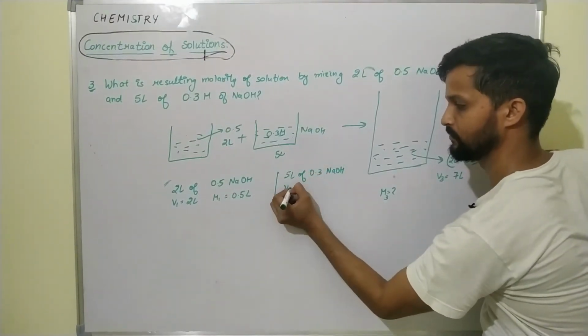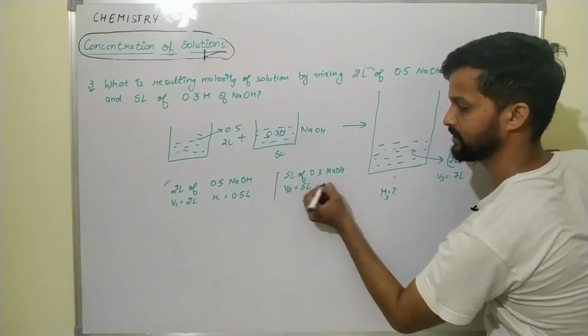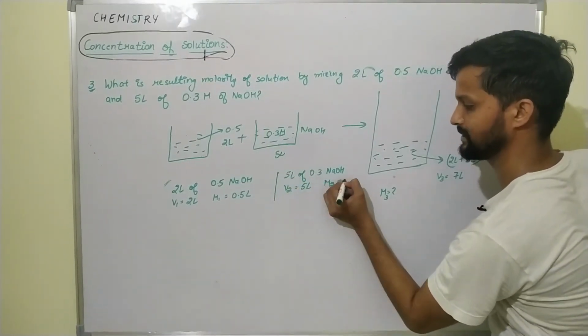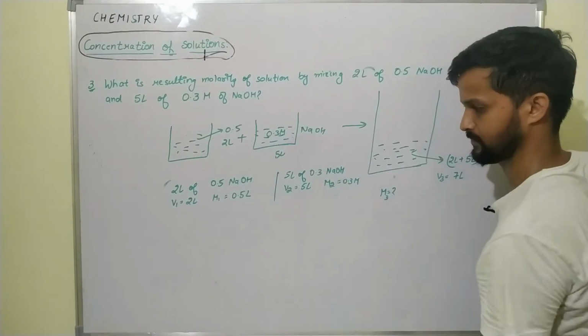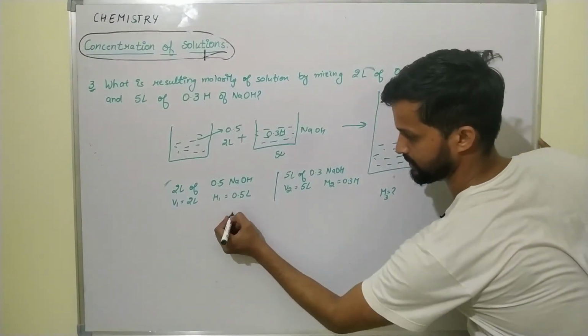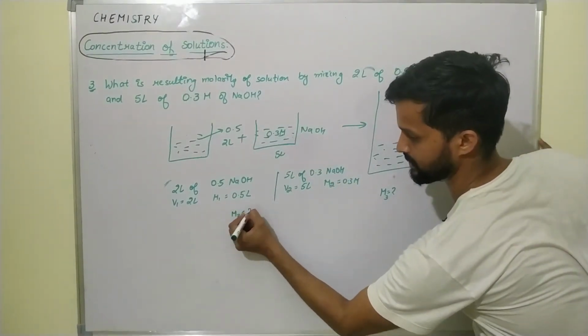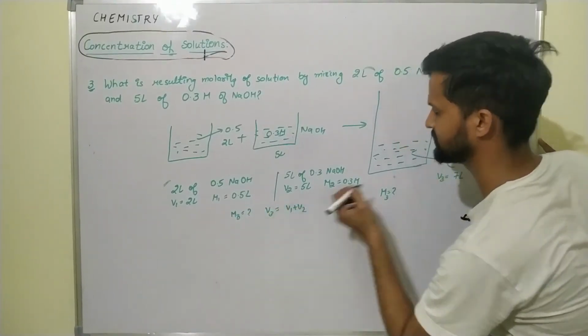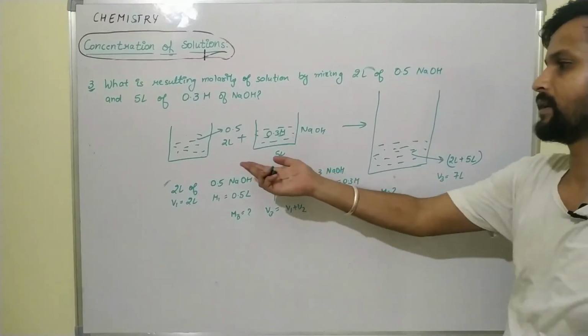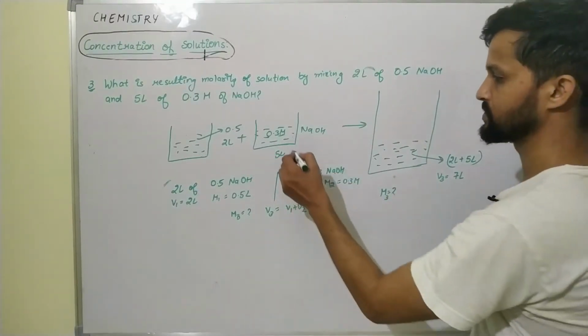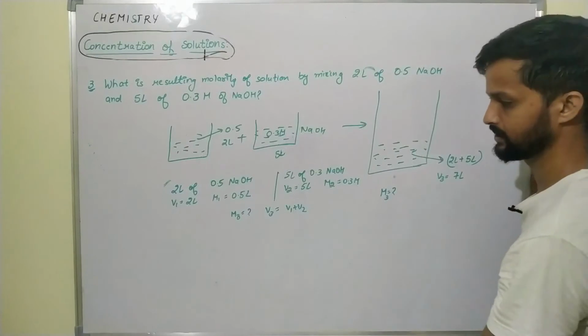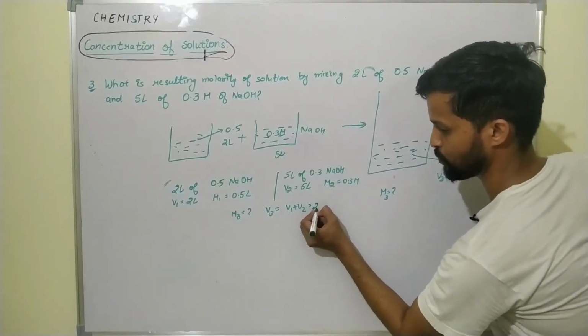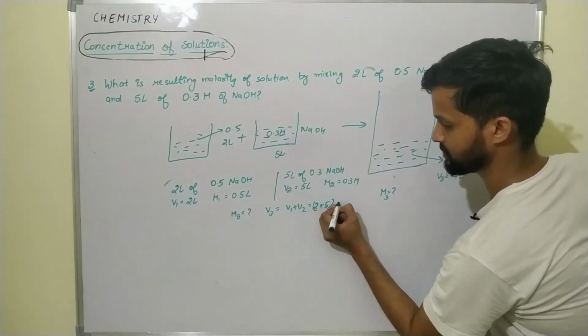So here V2 is 5 liter, whereas M2 is 0.3 M. Here we have to calculate M3, whereas V3 is equal to V1 plus V2. This is simple, means whenever you add 5 liter plus 2 liter of solution, this will become total 7 liter. 2 plus 5, which is equal to 7 liter.